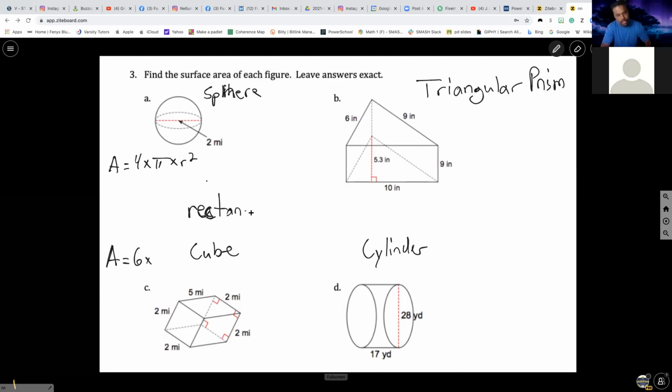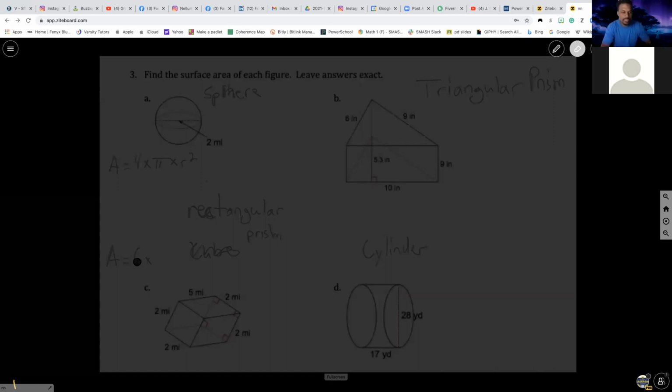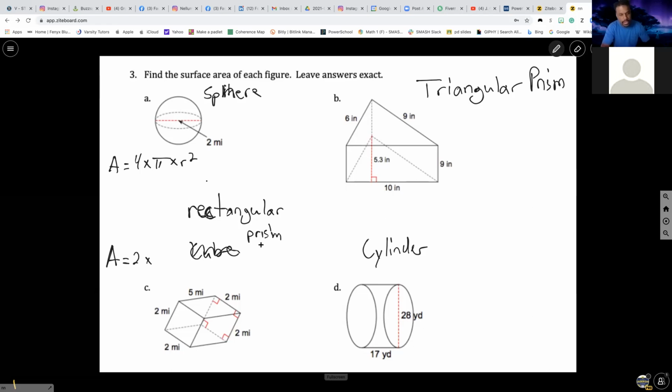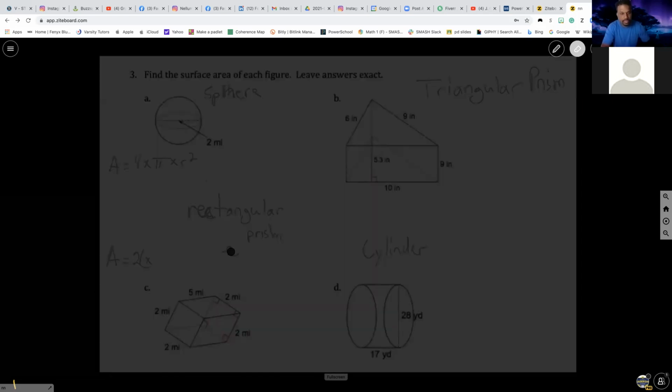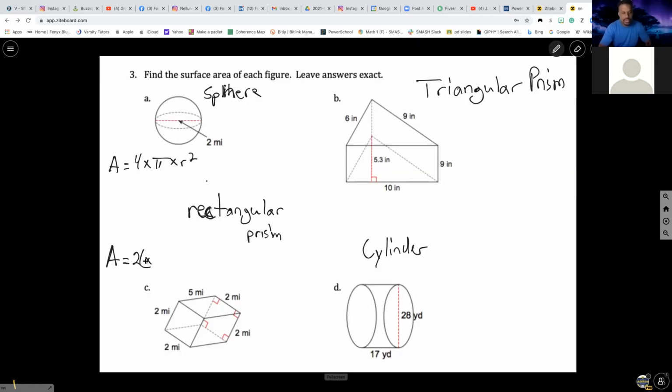So for that equation it is 2 times, so let's say this is W, which is the width, times the length plus the height times the length plus the height times the width.